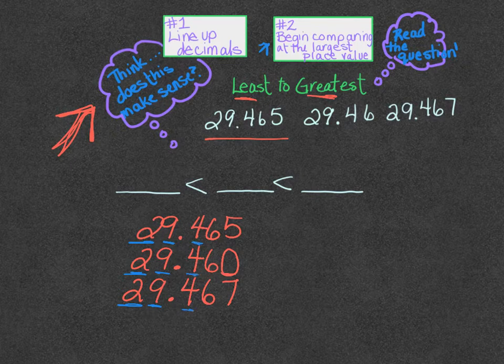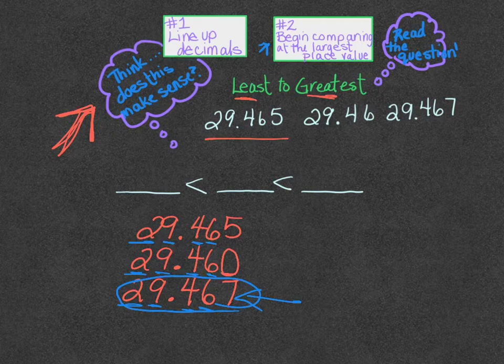There's 4 tenths in all of them. Now we're going to go to the hundredths. Oh my goodness. So the hundredths, the digit 6 is in all of them. So we now know that there's going to be some kind of difference here. Which one has the largest digit or the largest value? That would be this one with the 7.